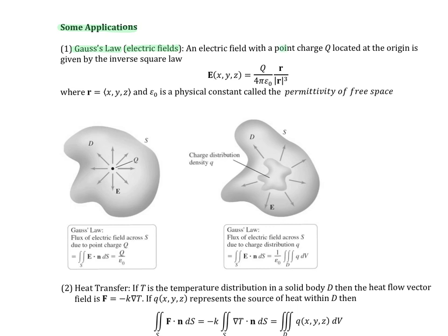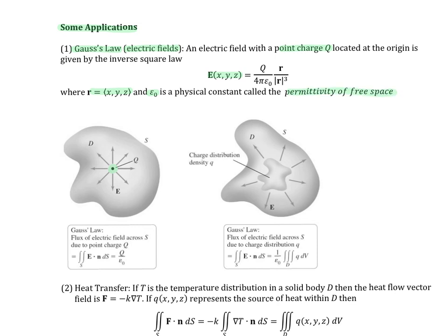So if you have a point charge, which would be this first diagram here, there's some charge, then it can be described by this equation where r is going to be x, y, z. And this epsilon naught, this is just a constant that we call the permittivity of free space.